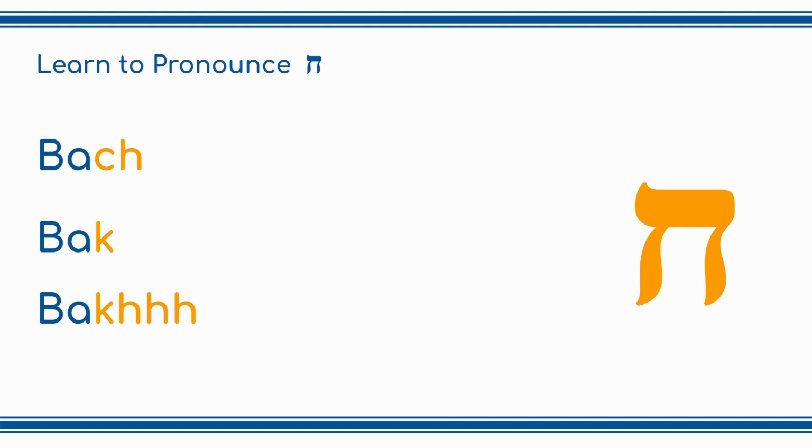That's how I learned it, by hearing the name Bach. So I'm going to say the name Bach, and then you can try and hear the ending sound. Bach, Bach. So you can hear the K.